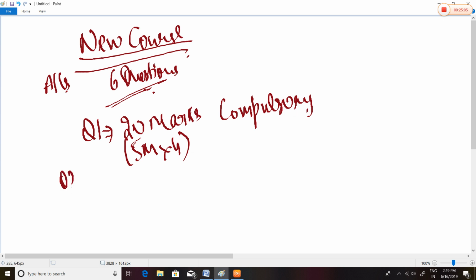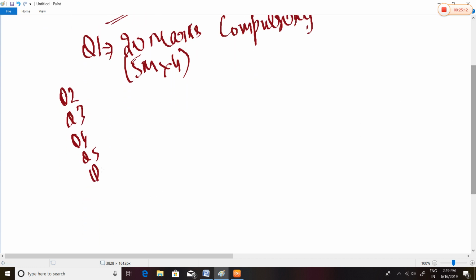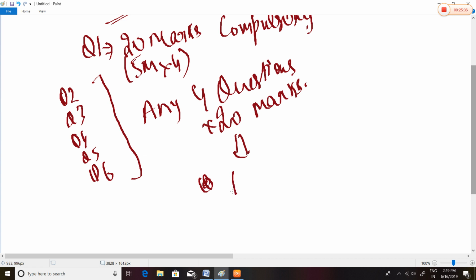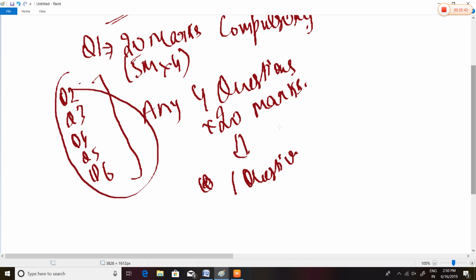Then from question 2 to question 6, you have to solve any four questions of 20 marks each, in which there would be one question of 20 marks for sure, out of these remaining five, asked from partnership.